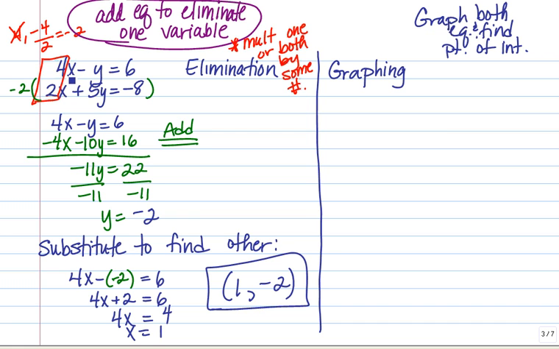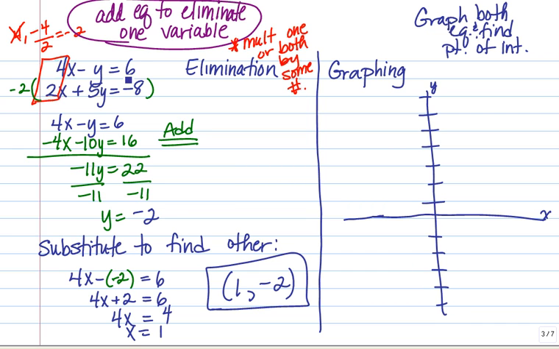If I wanted to graph 4x minus y is equal to 6, and again, graphing by hand would require you to have graph paper and a ruler so that you're precise. 4x minus y is equal to 6.